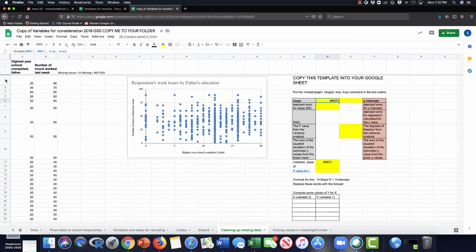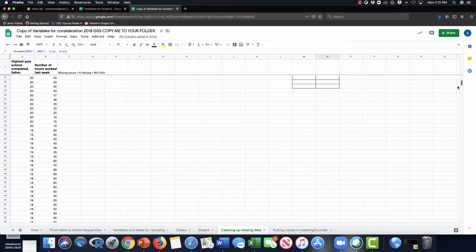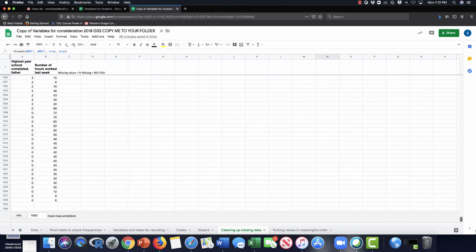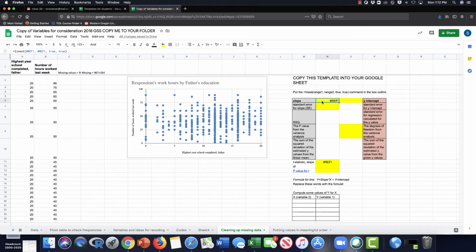So my data goes from line 2 all the way down to line 1028, so those are my ranges. So I'm going to say equals line estimate, and I'm going to do the dependent variable first, so hours worked first.